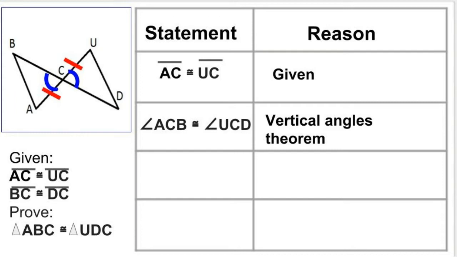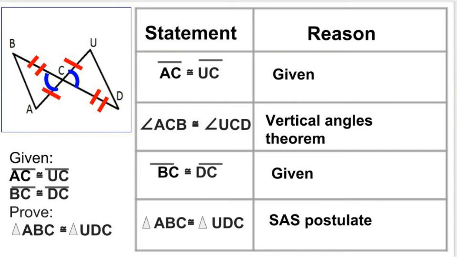The third statement is segment BC is congruent to segment DC, and that is given. Now that we already have three corresponding parts congruent, two congruent sides and one included angle, then we can say that triangle ABC is congruent to triangle UDC, and the reason is SAS postulate.